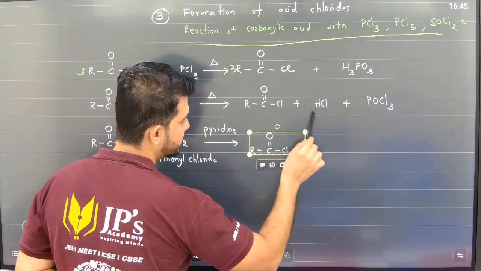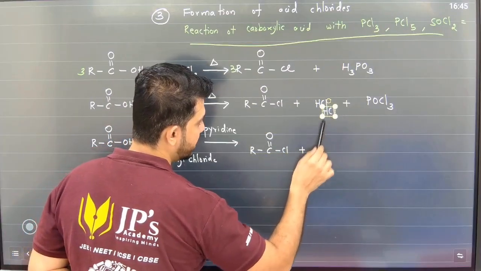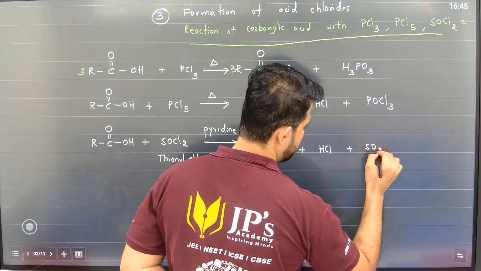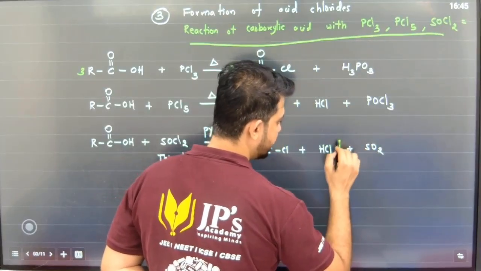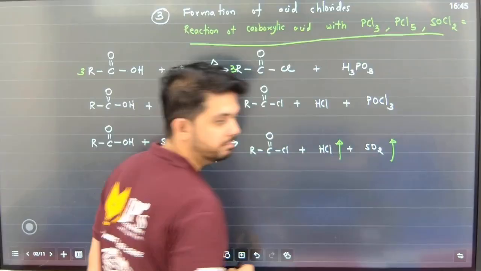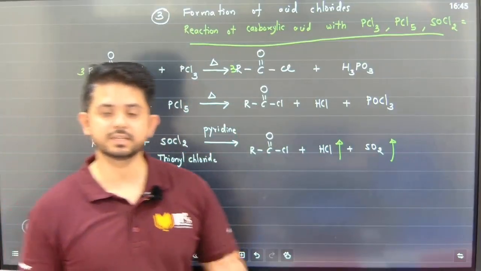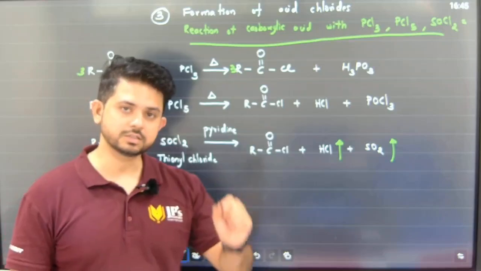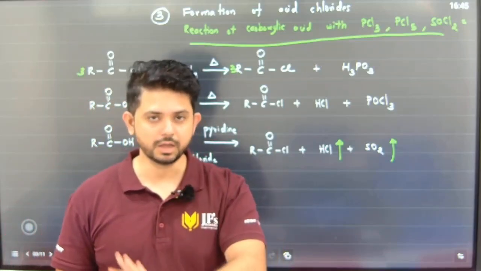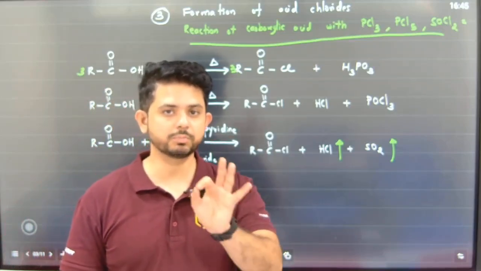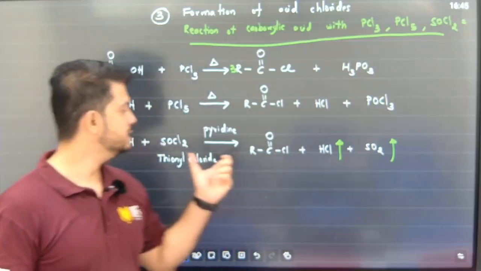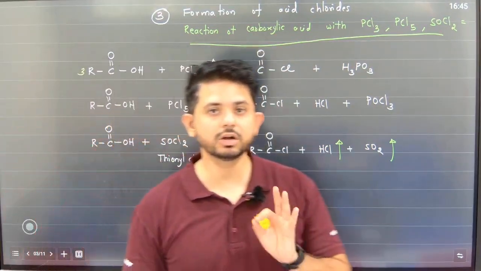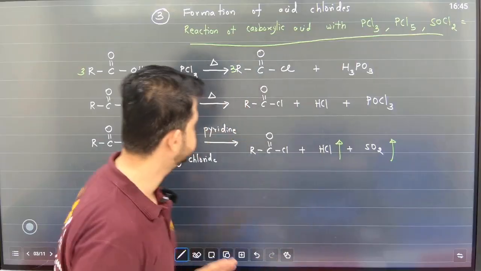You also get HCl and we get SO2. Now the best thing about this reaction is the byproducts that we get. The byproducts are gaseous in nature. So out of all the methods, the best method to replace the hydroxy group by chlorine Cl is by using thionyl chloride. That's the third reaction.